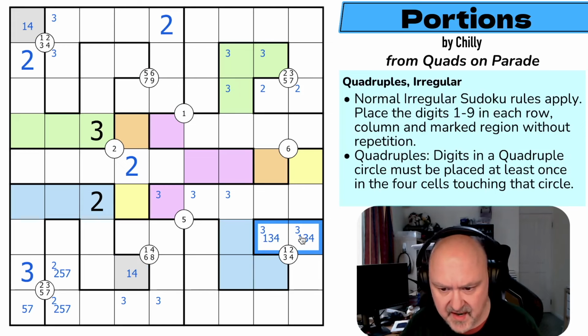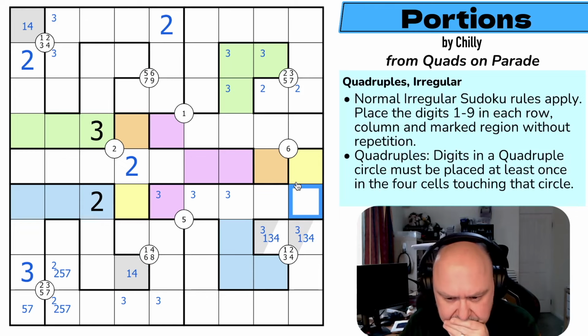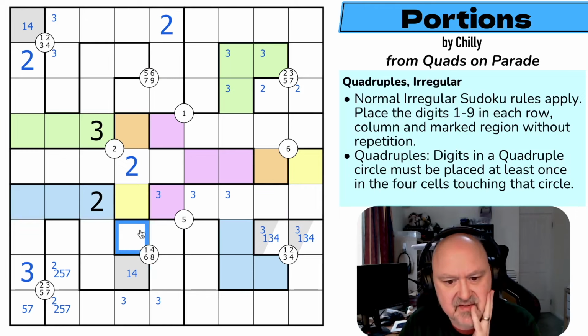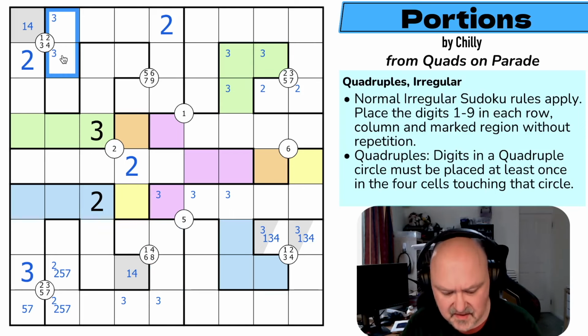This is 1, 3, 4 because grey has to go in there. There is a 6 and an 8 in here. These are 1, 3, 4.